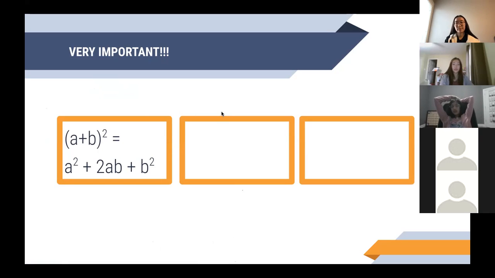Also, you don't necessarily have to flat out memorize all of these. If you just expand this into A plus B times A plus B and then distribute, you'll get the right answer.